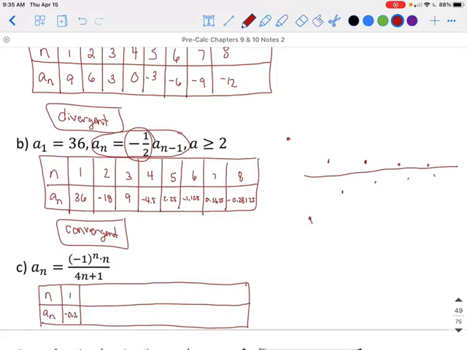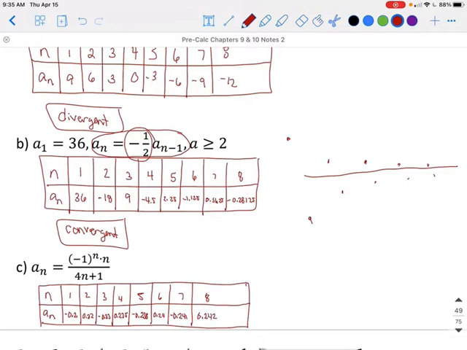And for 1, we would have negative 0.2. 2, we're going to have 0.22. 3 is going to be negative 0.23. 4 will be a positive 0.235. 5 will be at a negative 0.238. 6 is at a positive 0.24. 7 is at a negative 0.241. And 8 will be at a positive 0.242.